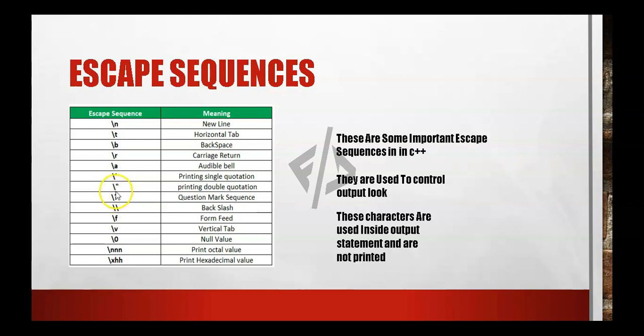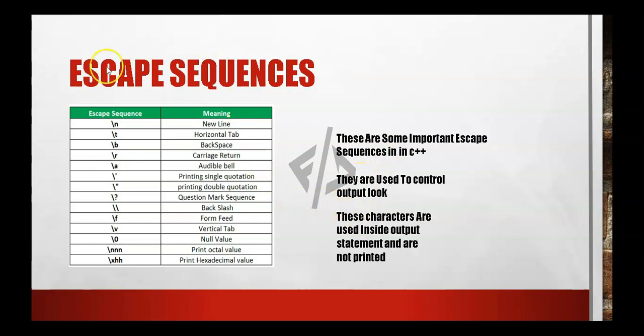We use it to print double inverted commas in our text. \? we use to print a question mark in our text. \\ prints a backslash in our text. \f is form feed. \v produces a vertical tab, producing spaces between lines. \0 produces a null value, and these two are used to print octal and hexadecimal values.